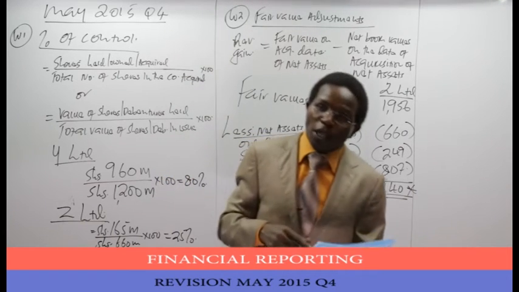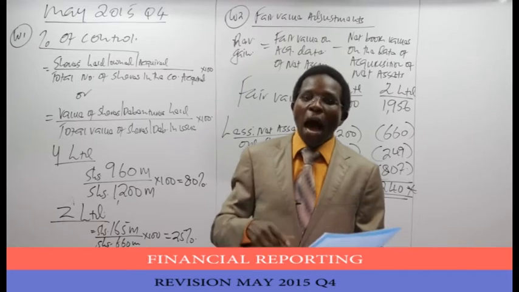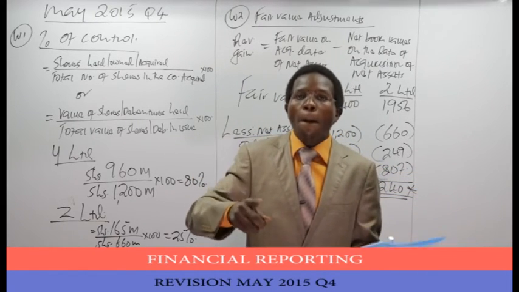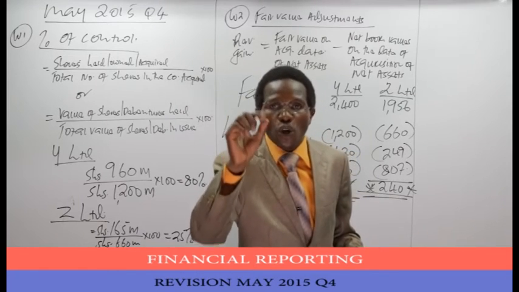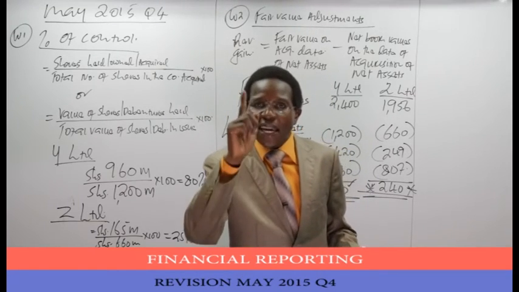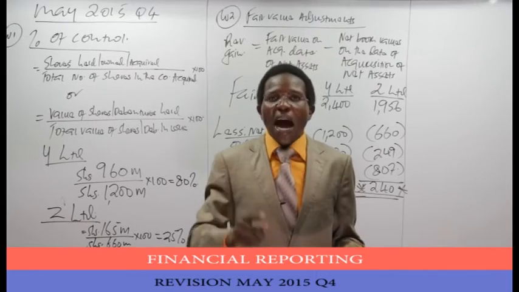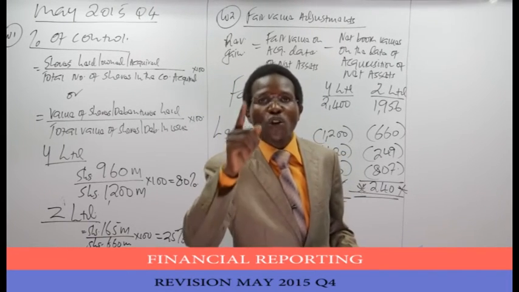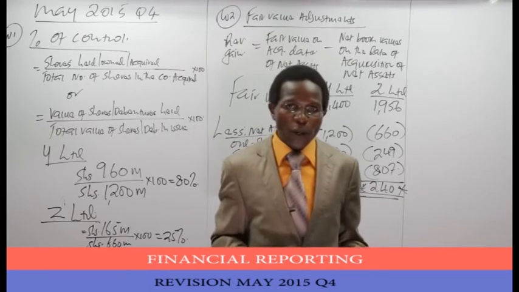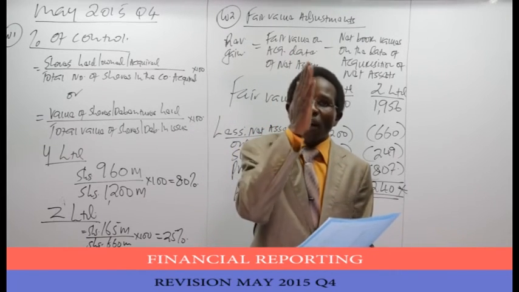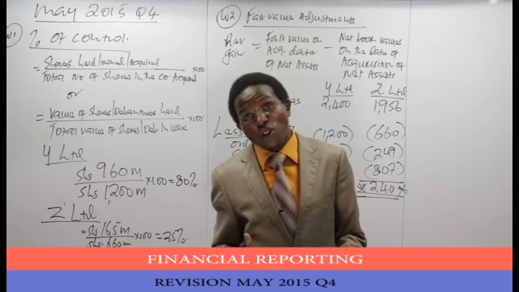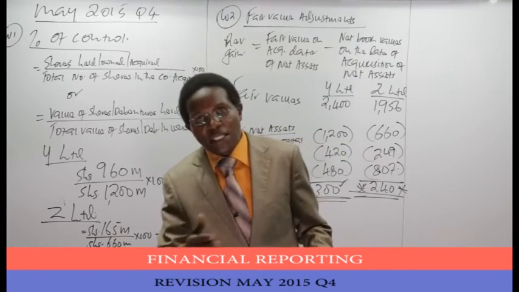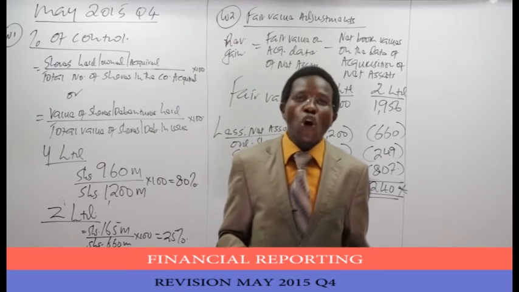For our group statement of financial position, our inventory will be affected by unrealized profits on closing stock. Now, friends, get that very clear. Our inventory will be affected by unrealized profits on closing stock, not on opening stock. So you take the inventory of the holding company plus inventory of the subsidiary, you subtract the unrealized profits on closing stock.